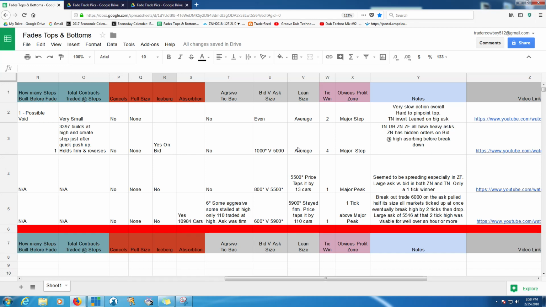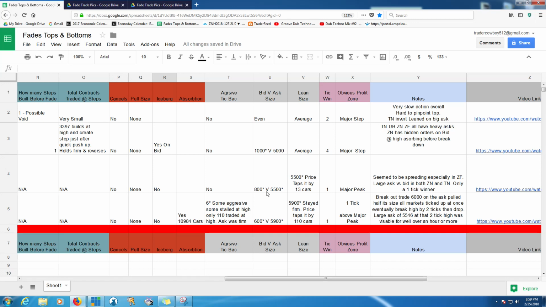This one's not going to be so clear to you, but this is going to be the price above the absolute high. And could you lean on it if you were going to get into the fade? Average, average. And then fade 3 and 4, I changed the parameters a little bit.